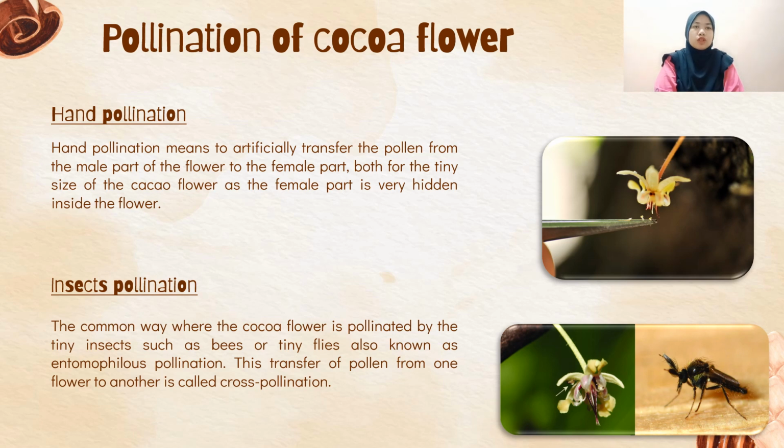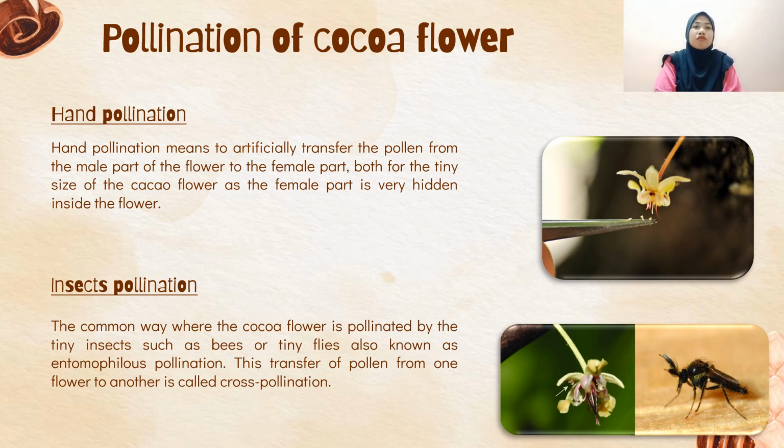As for insect pollination, this is the common way where the cocoa flower is pollinated by tiny insects such as bees or tiny flies, also known as entomophilous pollination. When an insect visits the flower to get food, some pollen will stick to its body.